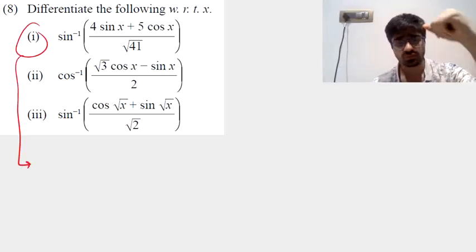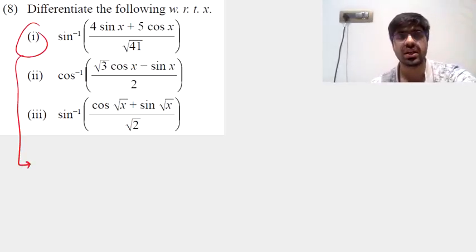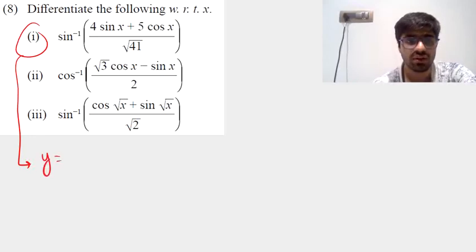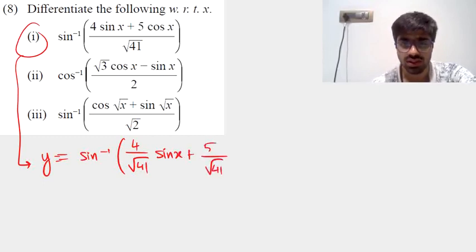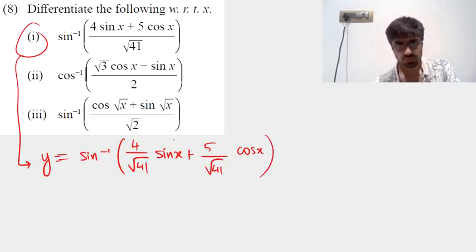In these questions you first need to split the given function. So let y be the given function, and let's write y as sine inverse of 4 by root 41 into sin x plus 5 by root 41 into cos x. Sin x, and if we want to complete the entire bracket for sin x, then this should be cos alpha plus cos x into sin alpha.